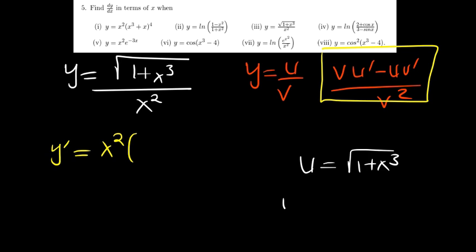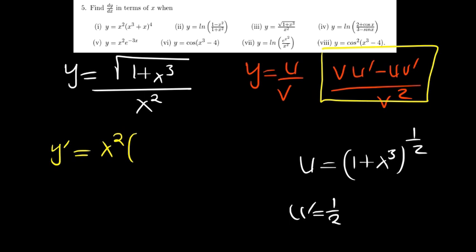What's the derivative there? The square root is the same as raising something to the power half. So if we're going to differentiate it, it's going to be half, (1 plus x to the power 3), reduce the power by 1, it will be negative half. Multiply by the derivative of what is in the brackets, that's going to be 3x squared, right?